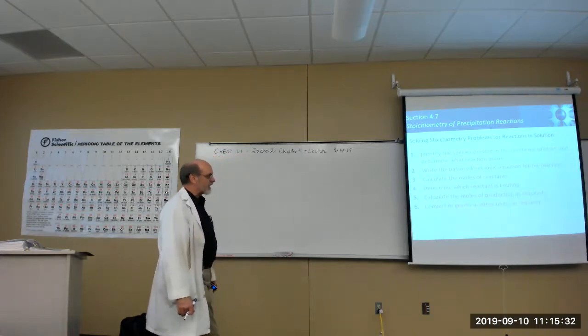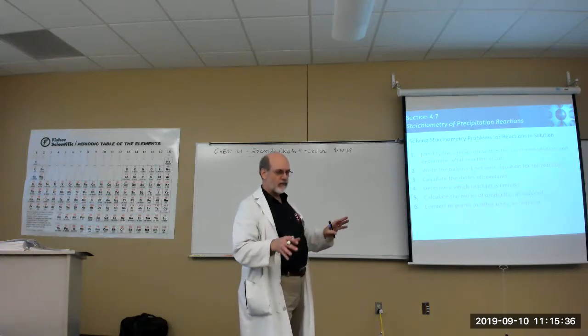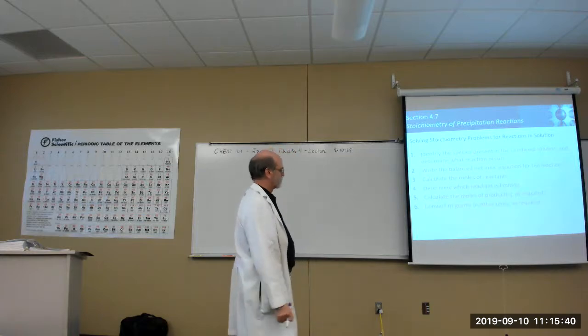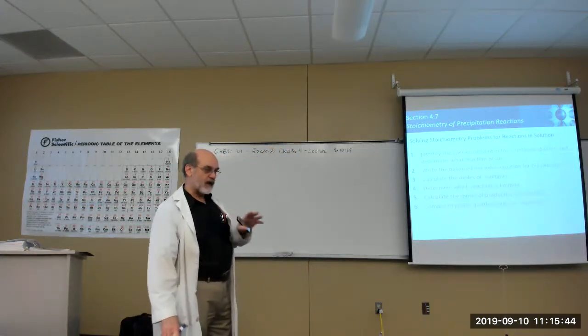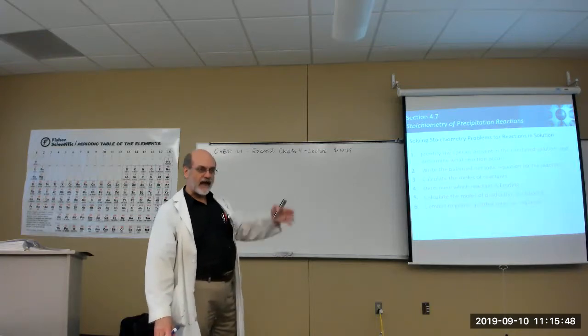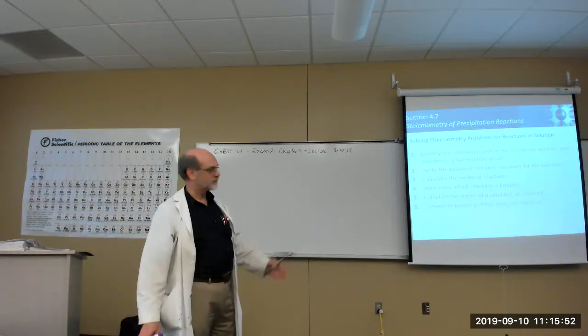If you write the net ionic equation, then you can simplify your problem to just those species that are going to react, right? Because if you have a complete ionic equation, and you put in something that's soluble before and after, you're going to have the same amount after as before.